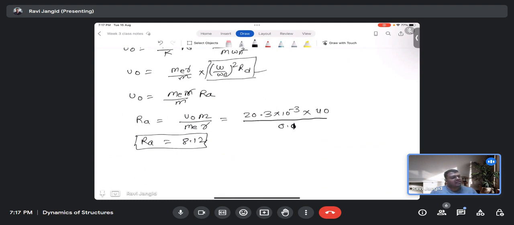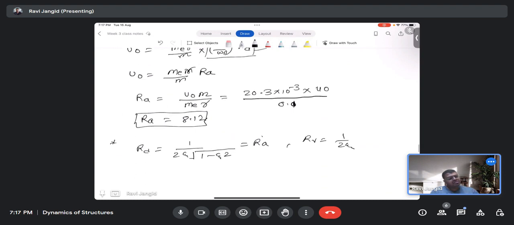If you go through the lectures, for RD, what is my maximum value? 1 over 2 xi root of 1 minus xi square, and the same value for RA. And RV is given as 1 over 2 xi. So I know the RA, so I can put it equivalent to RA, so that will be 1 over 2 xi root of 1 minus xi square.